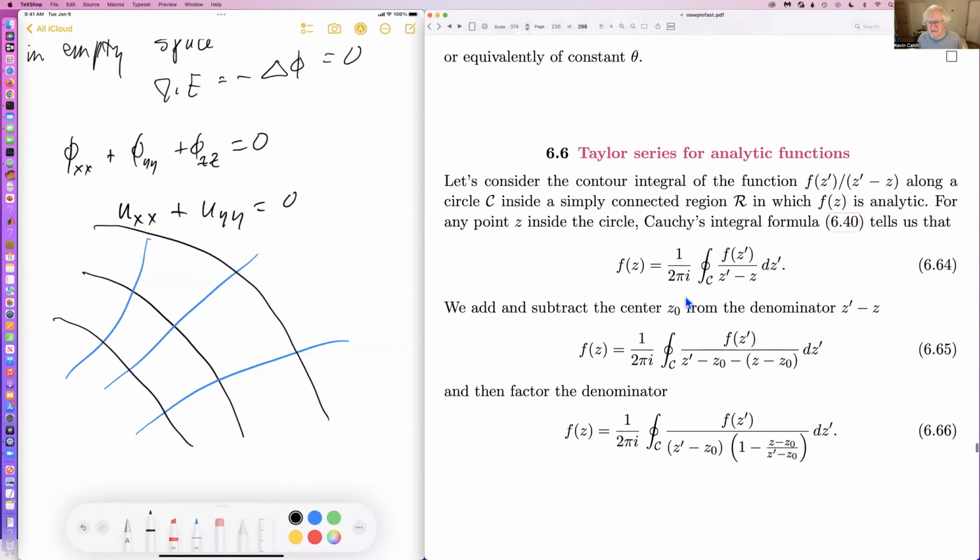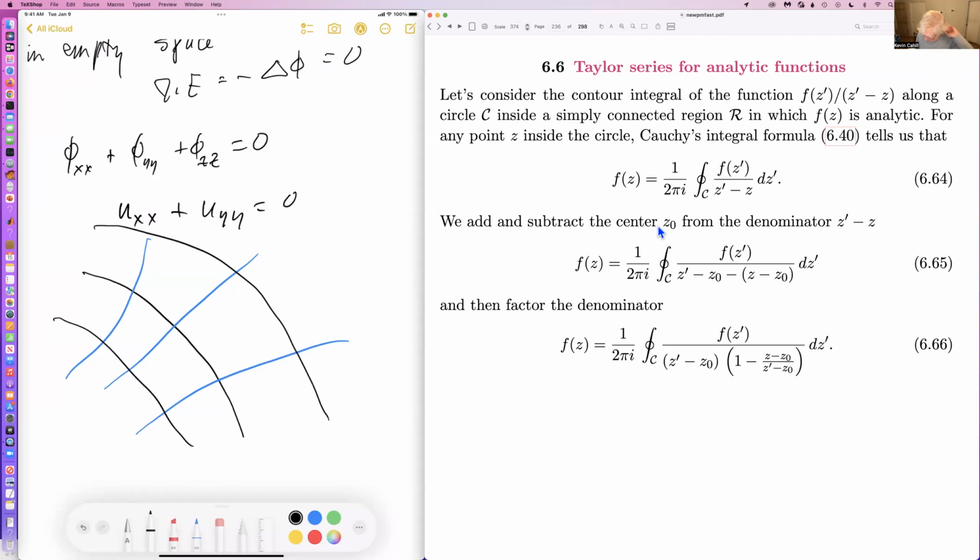Let's go to Taylor series. And this is the point of this. We've already done Taylor series, but the point here is that if you have an analytic function, then you automatically have a convergent Taylor series.